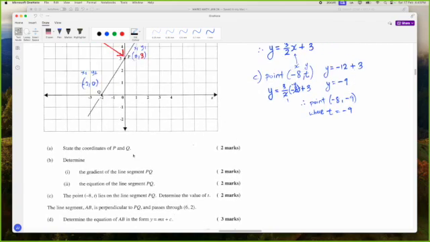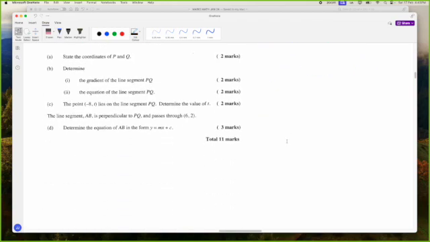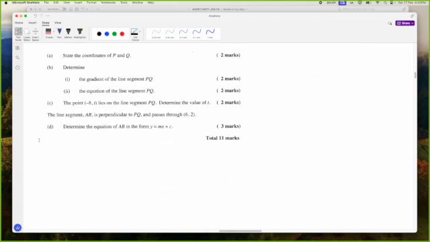Where's the gradient of this line? The gradient of this line was 3 on 2. So if M1 is 3 on 2 and M2 is unknown, then the gradient of AB is perpendicular to PQ.